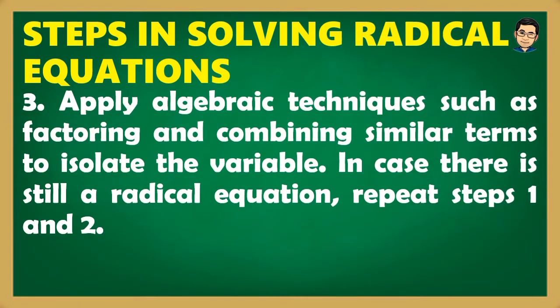Next, apply algebraic techniques such as factoring and combining similar terms to isolate the variable. In case there is still a radical equation, repeat steps 1 and 2. Here in radical equations, we can apply algebraic techniques like factoring or combining similar terms to isolate the variable. When we raise both sides of the equation, the resulting equation may be a linear, quadratic, or cubic equation, and so on.